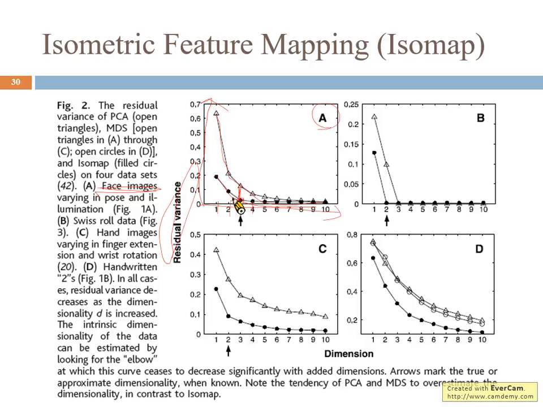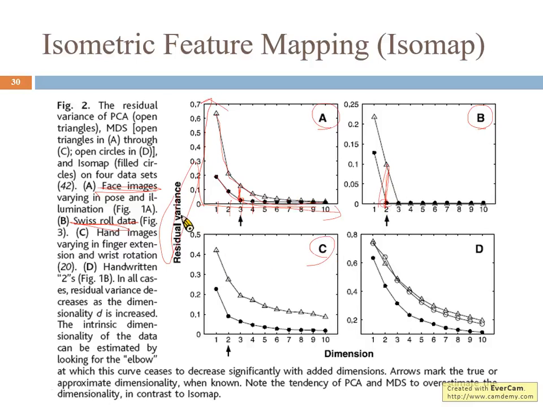Remember that we want to minimize the projection error. In figure B, we work on the Swiss roll data, which is synthesized data. If we reduce it into 2-dimensional space, the projection error is nearly 0 if we use ISOmap, and the error is 0.1 if we use PCA.